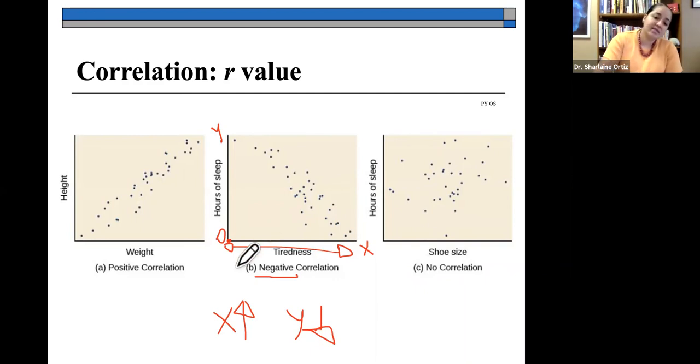So notice that the more hours of sleep we got, the less tired we felt. So notice that this is a negative relationship because as one went down, the other one went up, right? The more hours of sleep, the less tired this person reported to be. Now let's look at my 0, right? There is no relationship.